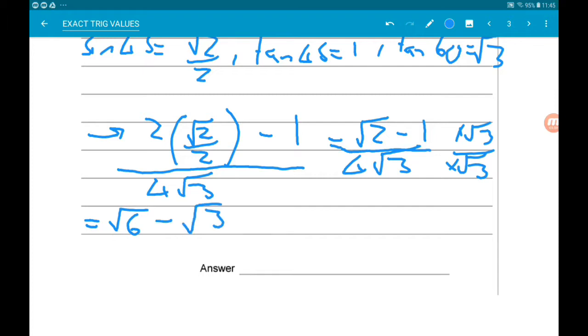Now on the bottom, we are going to get 4 root 3 root 3. Now root 3 root 3 is 3. So on the bottom, we now actually have 4 times 3, which is 12. So there it is in the form we wanted.